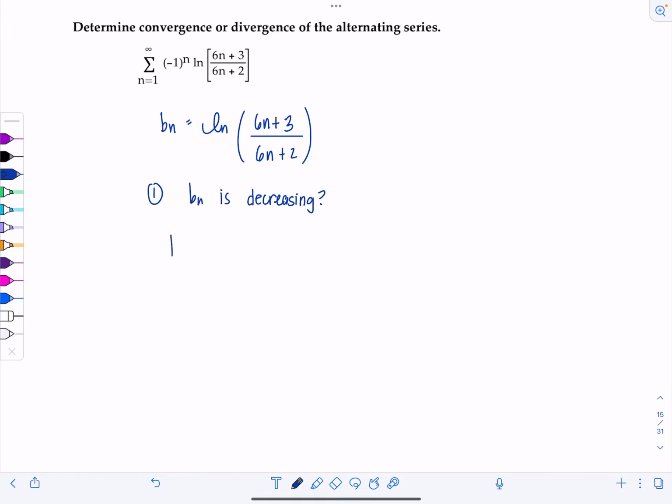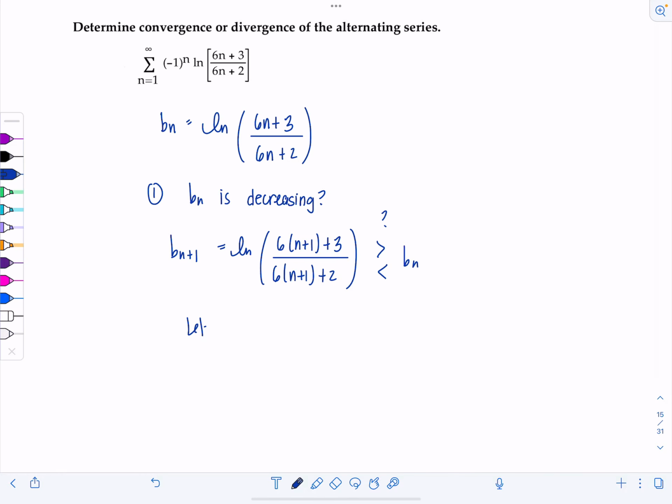So bn plus 1, let's see, that would be ln of (6 times (n plus 1) plus 3) over (6 times (n plus 1) plus 2). And I can already tell I'm having problems. I don't know if it's greater than or less than bn. It's not obvious. So when it's not obvious, it feels like, ooh, it's probably derivative time.